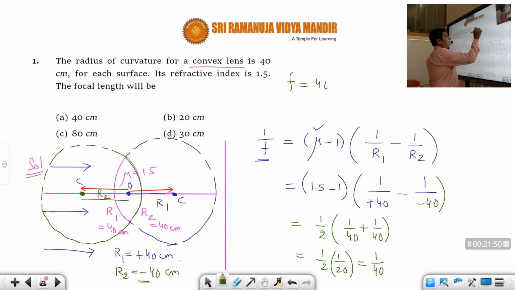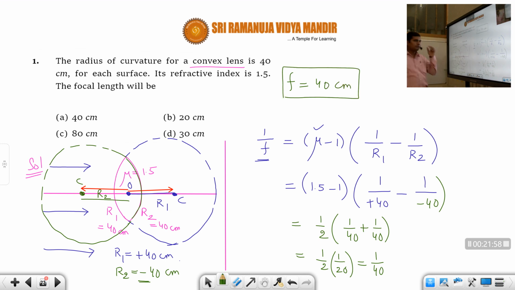We got plus, students. We already know that the sign of focal length of a convex lens is also plus. So the focal length is 40 centimeters, and option A is correct. I hope, students, you understood. The formula is simple, but when you are substituting the quantities, you should make sure that you are substituting with proper sign convention. Let us see another problem.